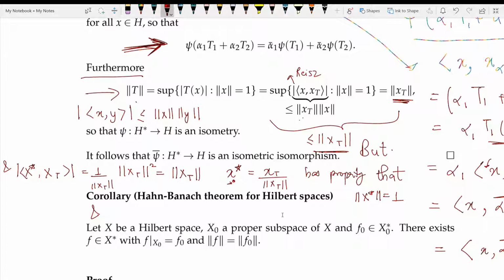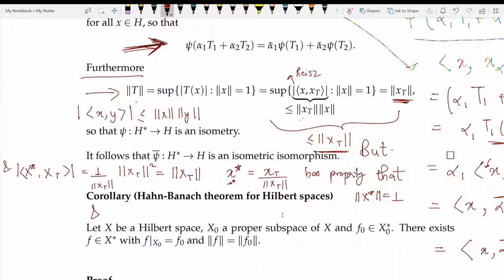So consider this example. The maximum marks scored by the students is less than or equal to 95 in the exam. But for some student who got 95, the maximum is 95. So if the supremum is less than or equal to something, but for a certain element the supremum is exactly equal to it, then the supremum is that value.